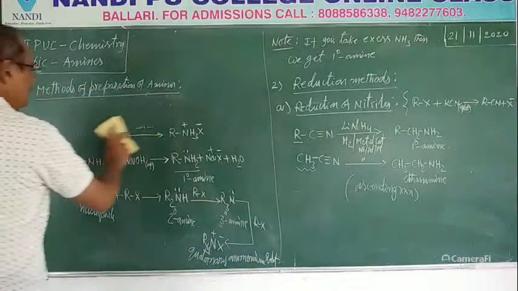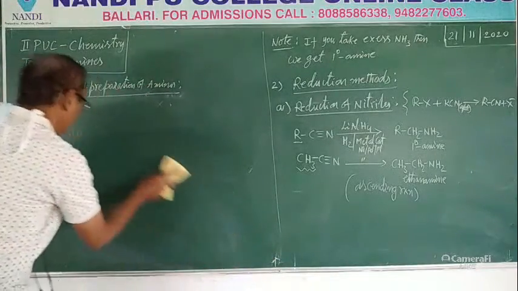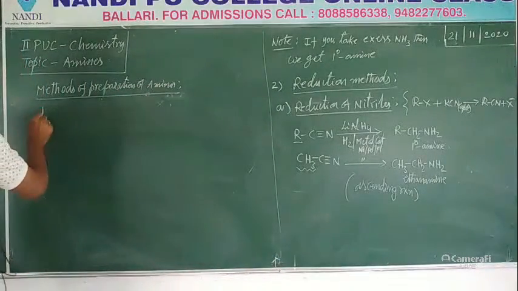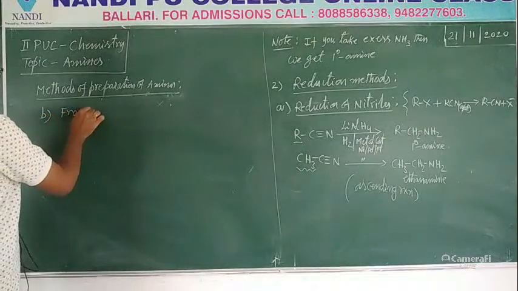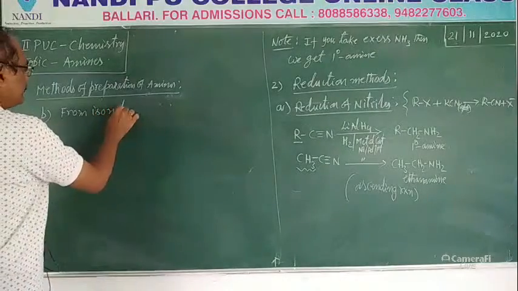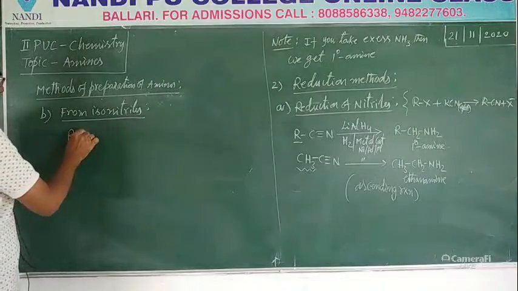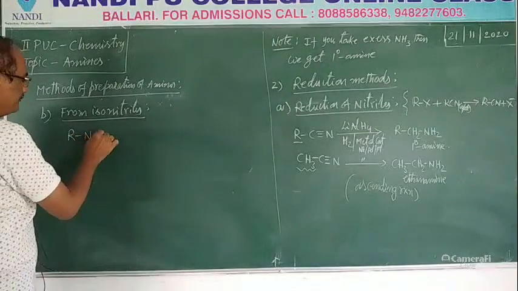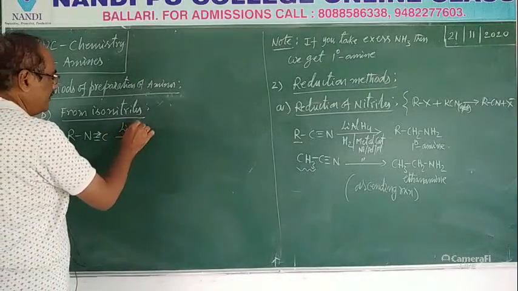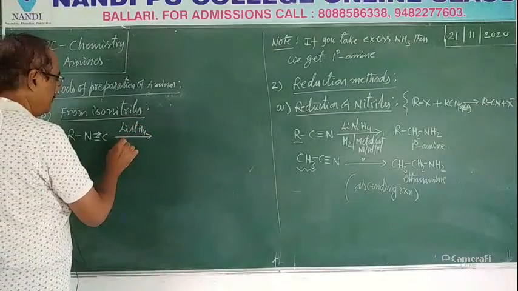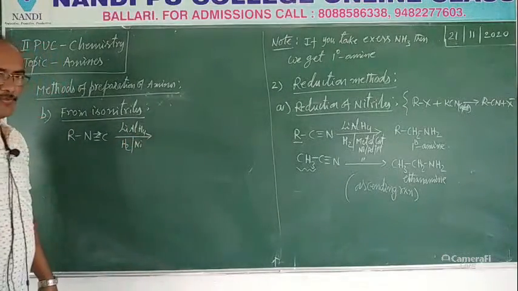Then we go for the second one, from isonitriles, that is isocyanides. So you can take R-N triple bond C. Again for reduction, you can take lithium aluminum hydride or H2 with metal, nickel or platinum or palladium.